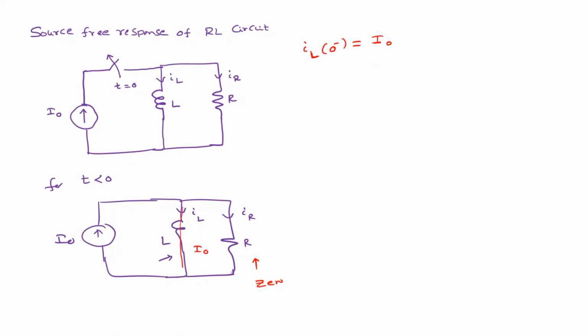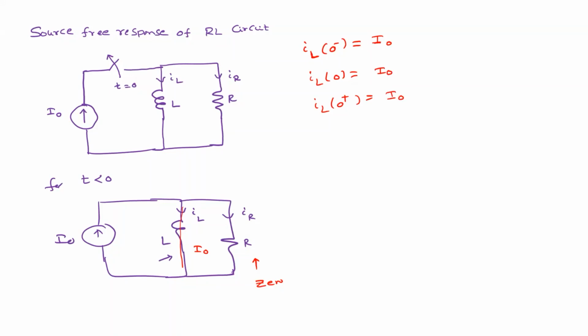Now we have the property that an inductor will not allow sudden change in the current. When you are studying the self-inductance concept, the inductor will not allow sudden change in the current. So tell me what is IL of 0 and IL of 0 plus. Both are I naught. Understood?